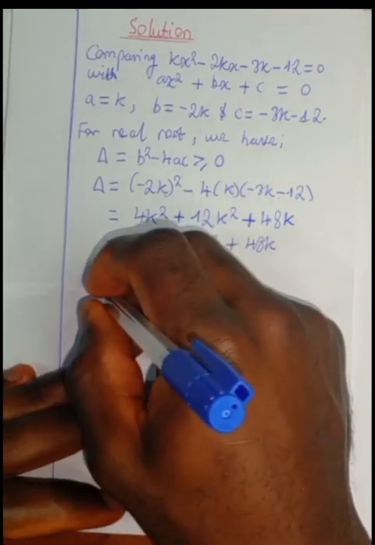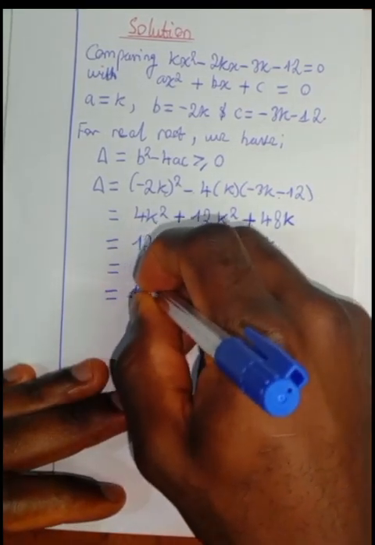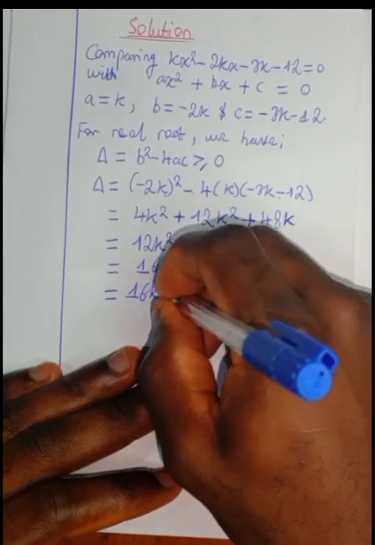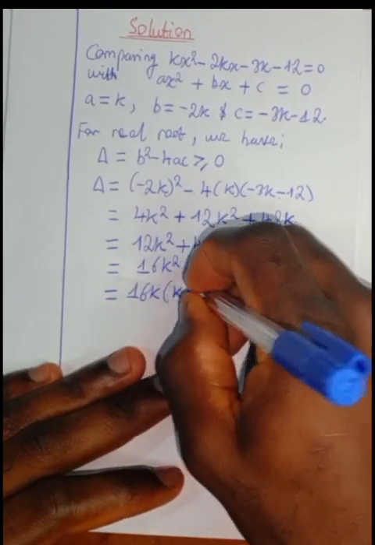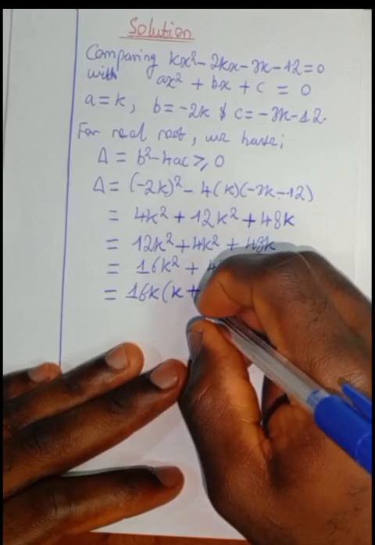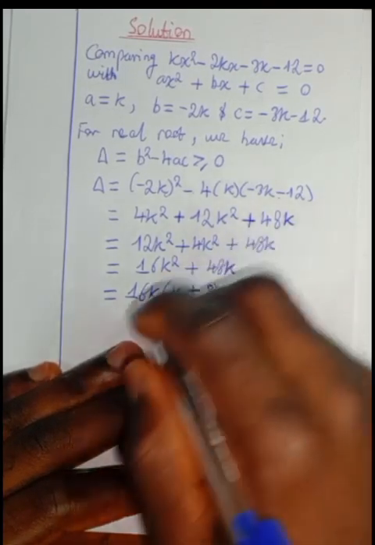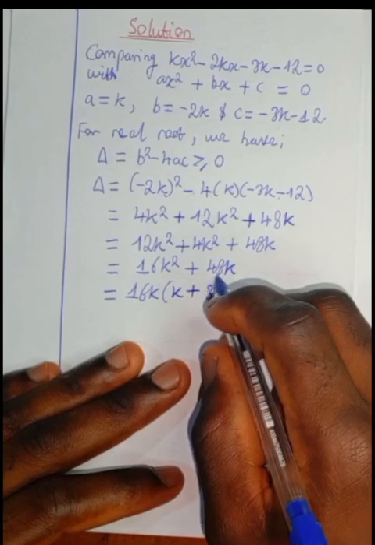At this level, we are going to factor out the 16k. 16k is common. 16k times k gives us 16k squared, plus 16k times 3 gives us 48k.